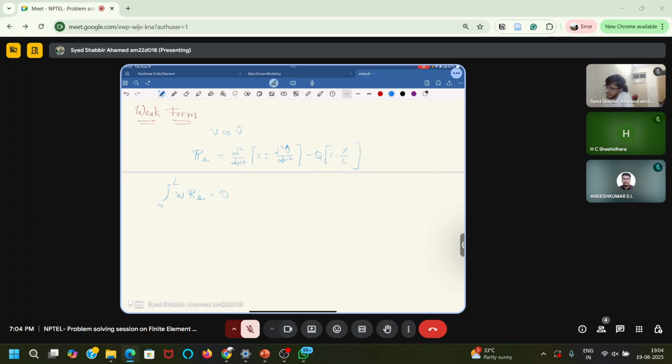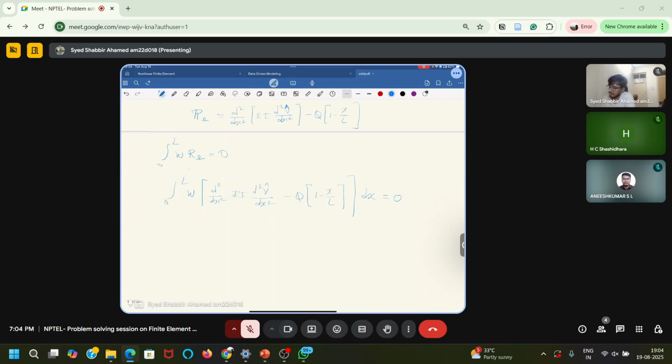So now I have R over omega equals d square by dx square EI into d square V cap by dx square minus q into 1 minus x by L, dx equals 0.